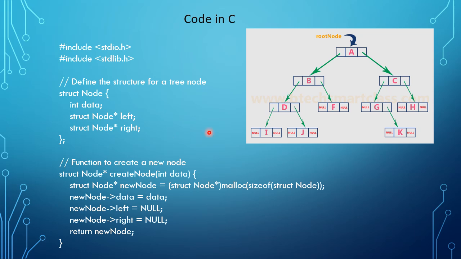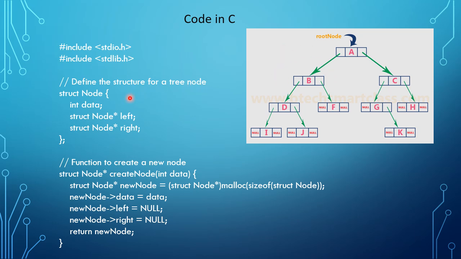So what do the left or right partitions of the root node store? They store the value, or the address of the previous or next nodes. What is the data type of the previous or next nodes? It is also a user defined data type, that is struct node.